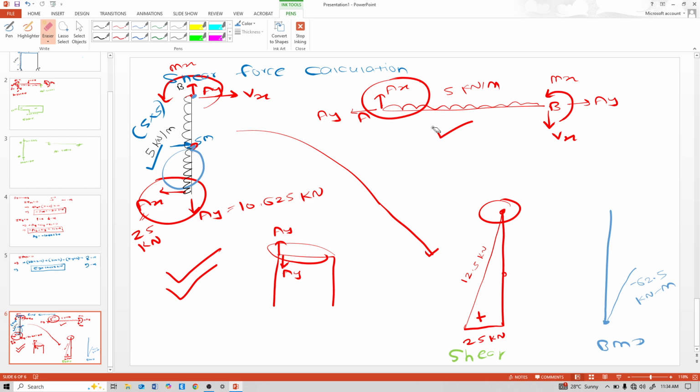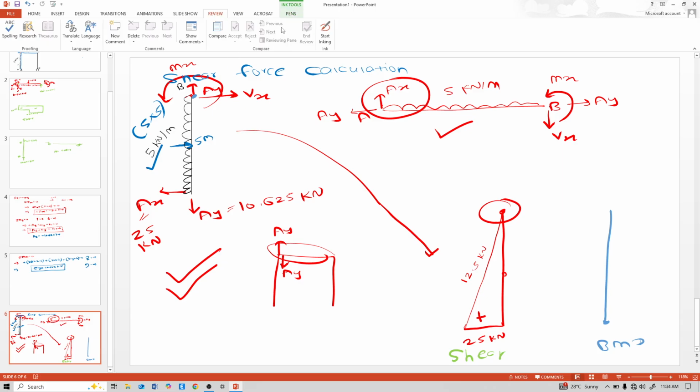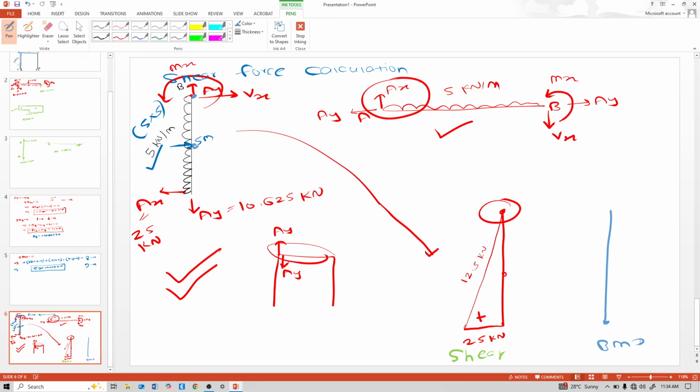AX is 25, so positive 25 into... First calculate the moment at this point.